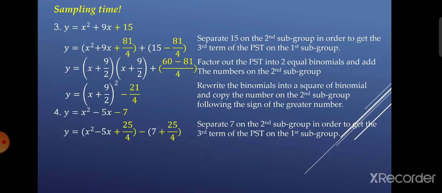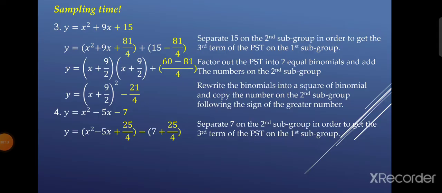Question: where does the 25 over 4 come from? Our middle term is negative 5, right? So negative 5 or 5.